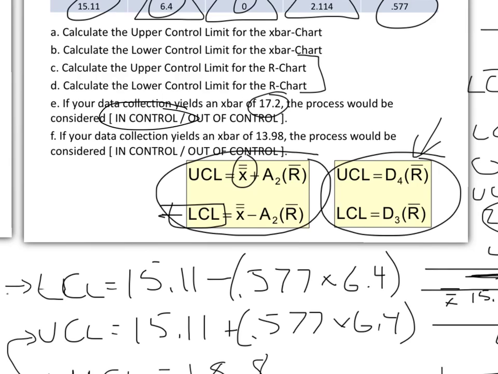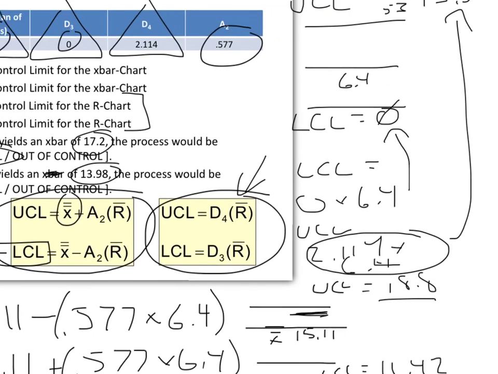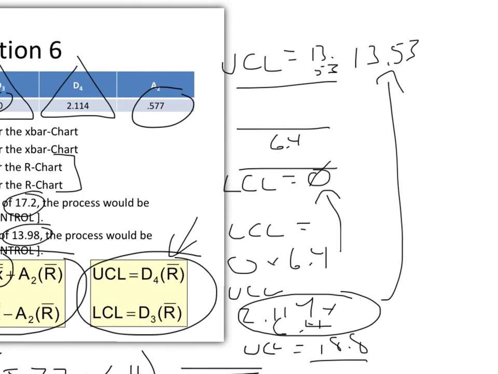All right, now for the range question: if the data collection yields an X bar, actually that should be an R bar, or a value, and a range right here of 13.98, would the process be in or out of control? Looking up here, we had 0 to 13.53.